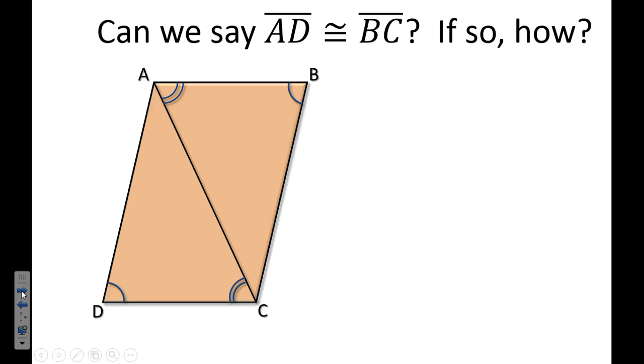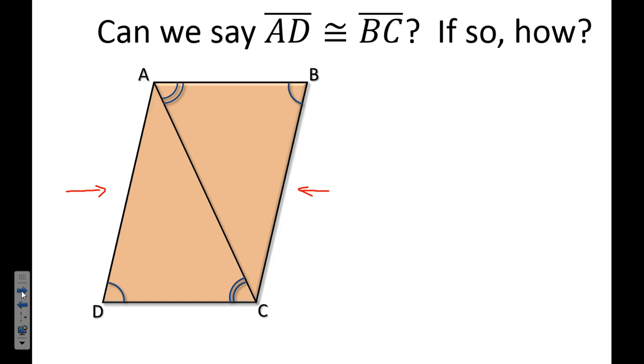So we're looking for AD to be congruent to BC. We have two sides that we want to know if they're congruent or not.